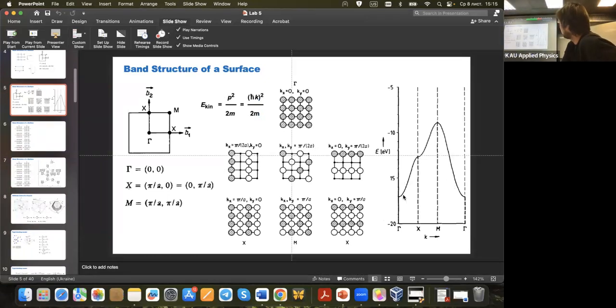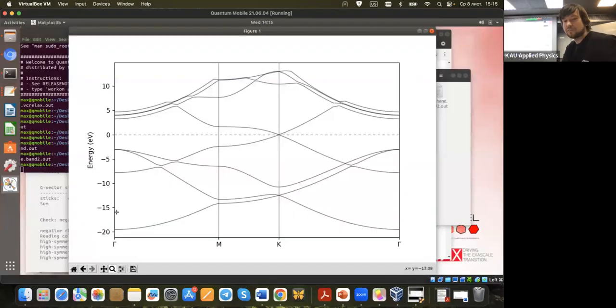You see gamma, X, M, gamma here, and now we can see the same thing for graphene. For graphene, from gamma to M, it's almost a parabola. From M to K, almost a parabola. From K to gamma, it's almost a parabola.